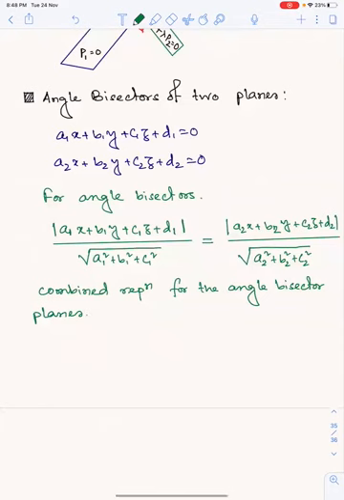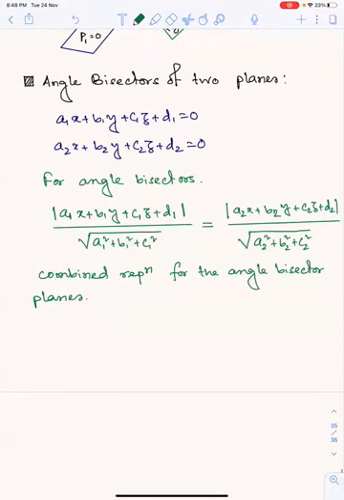Okay. And if you remove the modulus from either side, we will have a plus correspondence or a minus correspondence between the two sides that will take us to the individual planes. Definitely, we already know the condition of perpendicularity for two planes. So if the planes are not perpendicular, then we can have an acute bisector plane or an obtuse bisector plane.